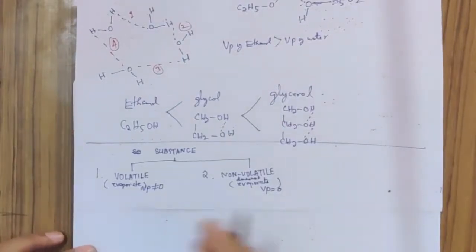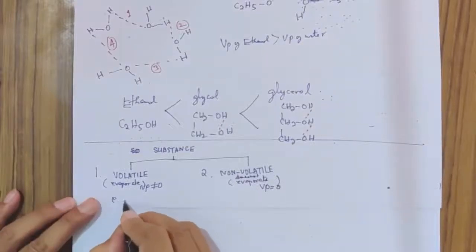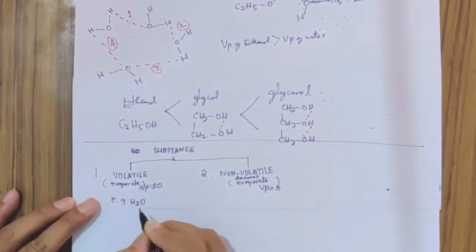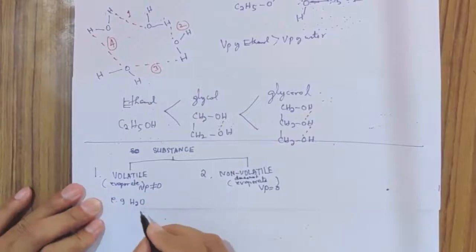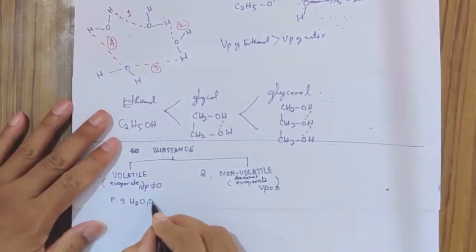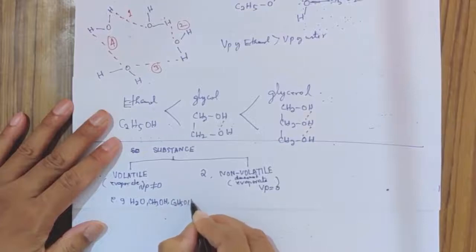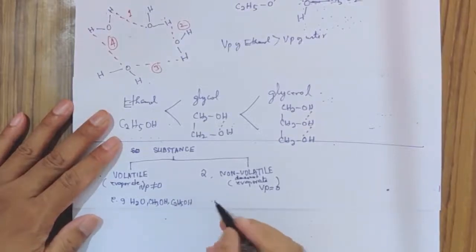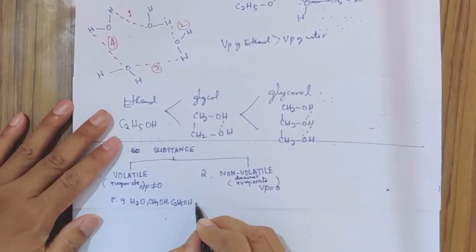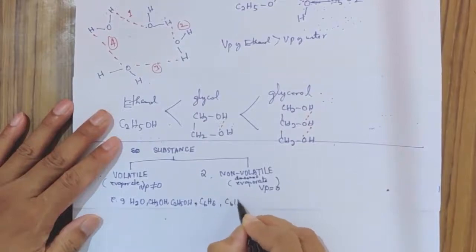Volatile examples are water, methanol, ethanol C2H5OH, benzene C6H6, toluene C6H5CH3.